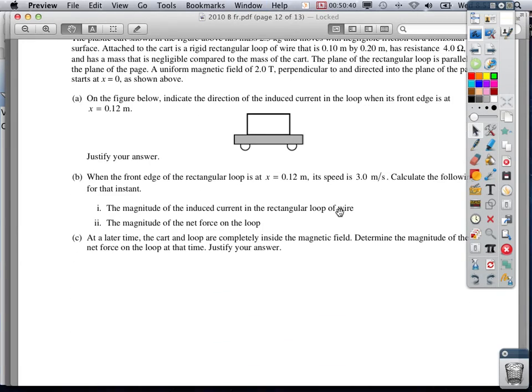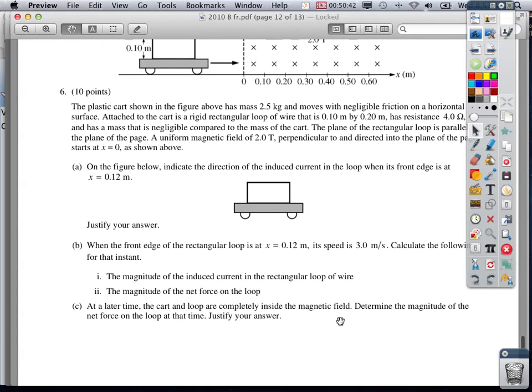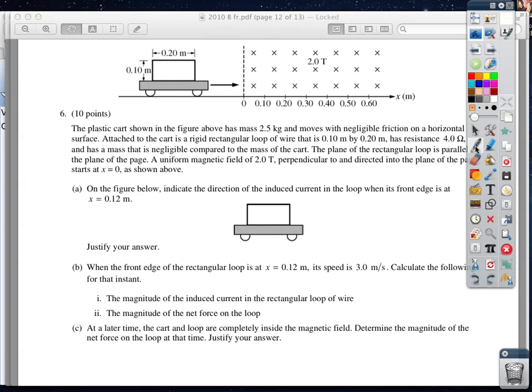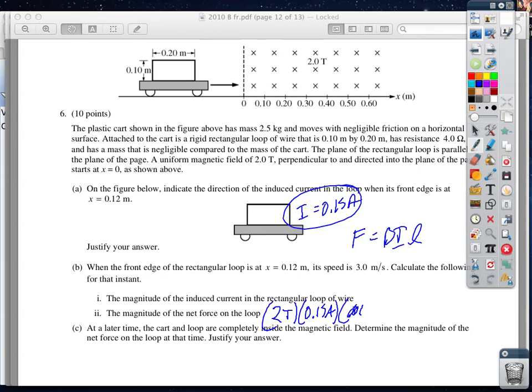Then we go to part two, the magnitude of the net force on the loop. Now, if I have a current of 0.15 amps, then F is BIL, right? That's all. So B is 2 Tesla, current is 0.15 amps, and the length is 0.1 meters.